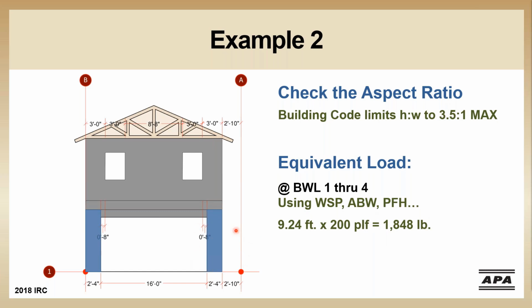Again, because of our geometry, this specific area is not going to fit within the prescriptive design limitations, but the IRC does allow you to use an engineered solution for portions that do not fit into the IRC.